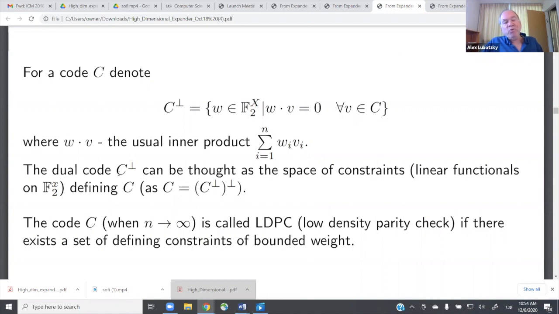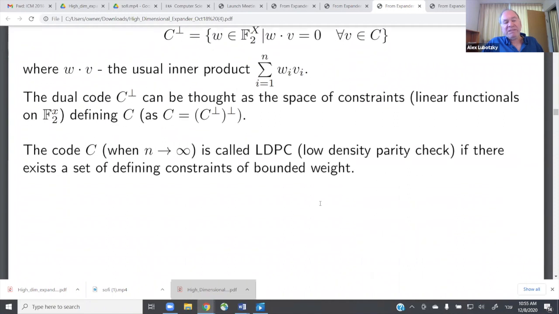And now the dual code C perp, we can think of it as a code by itself, but that's not really what we want to do. We want to think of it as the space of constraints. We think of every element of C perp as a linear functional on the space, and C is the common kernel of all these linear functionals. In fact, C is the perp of the perp.